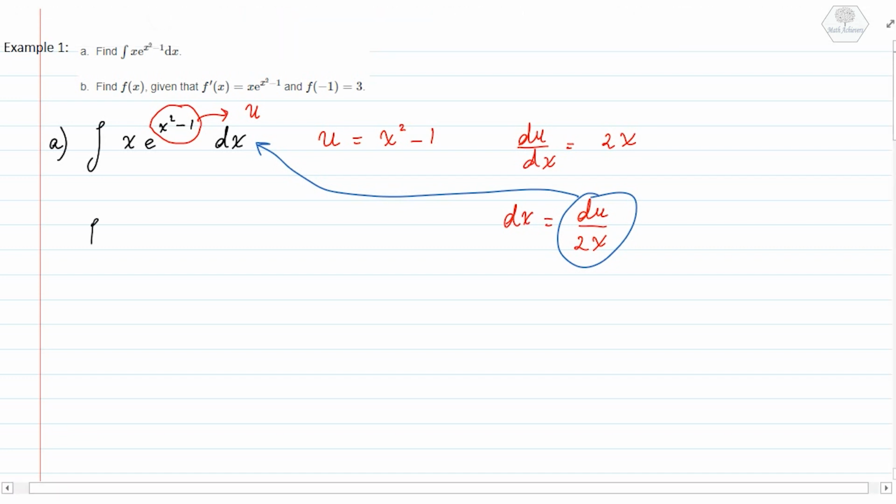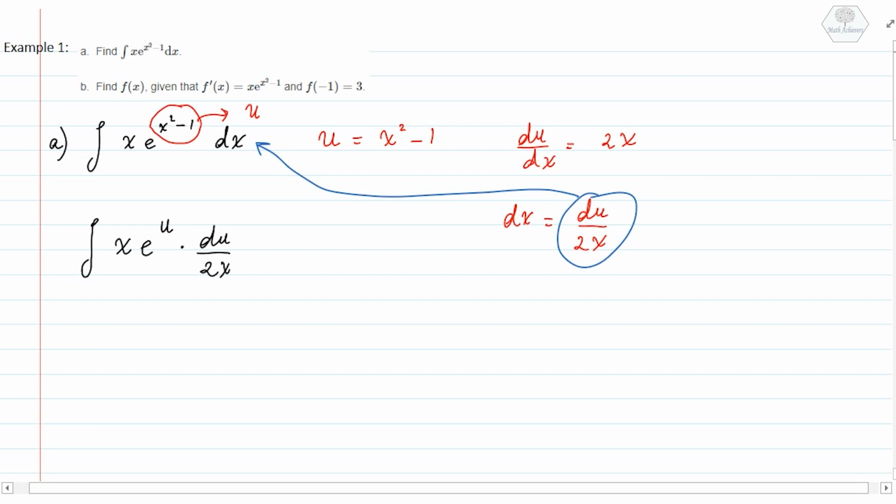So my integral will be x e to the power of u times du over 2x. And as you can see here, the 2x cancels with the x.